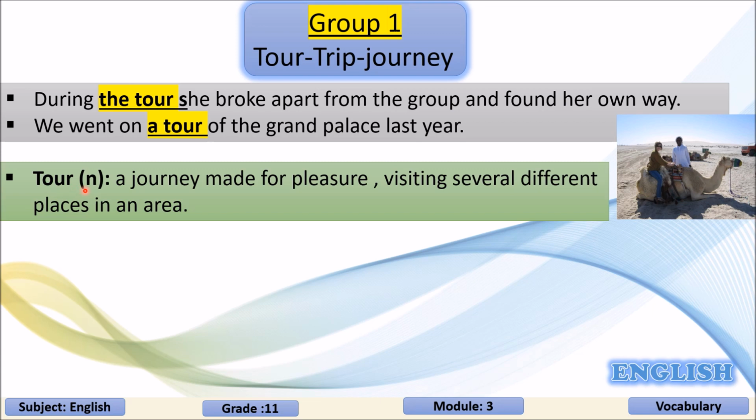Tour is a noun. It's about a journey made for pleasure or entertainment, visiting several different places in an area. It's to travel around a place. For example, when we say to tour the United States or Paris, it means to travel around it.